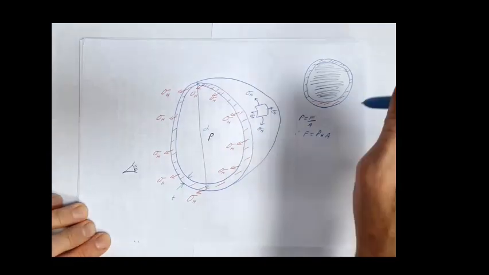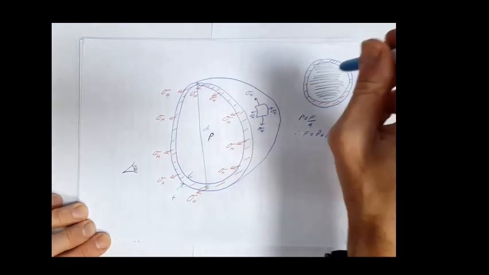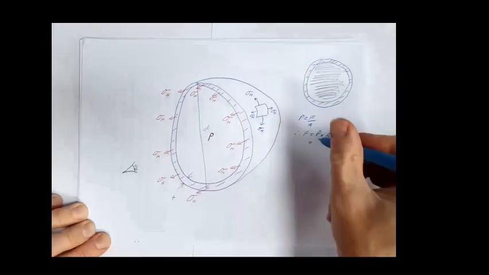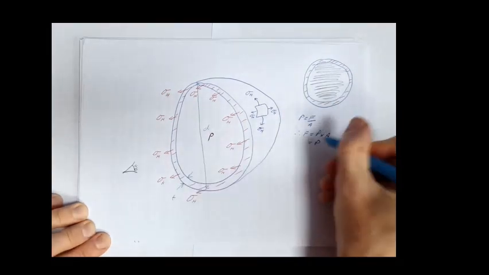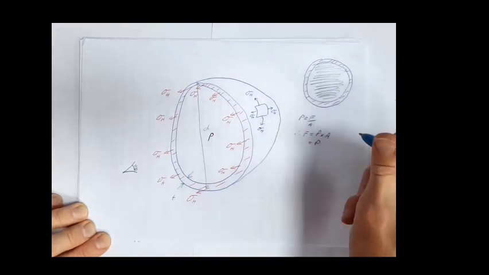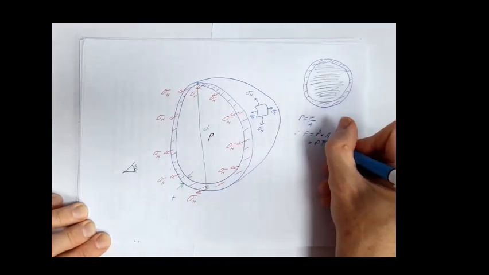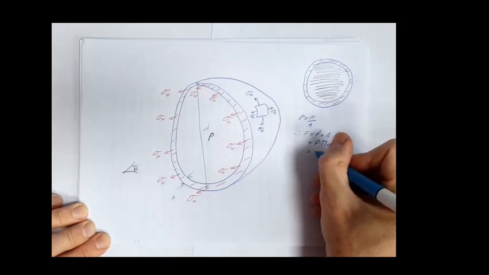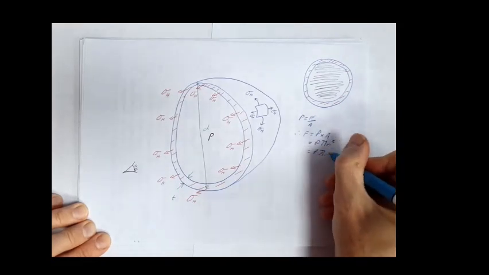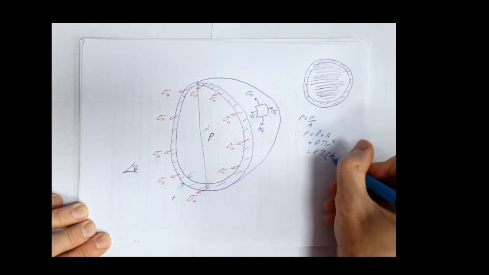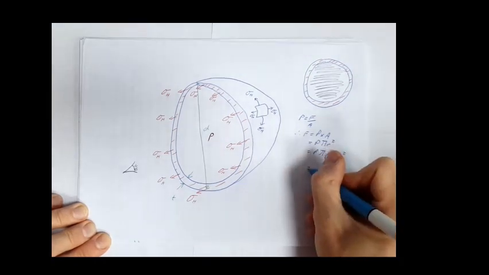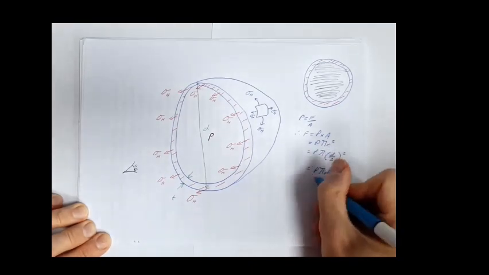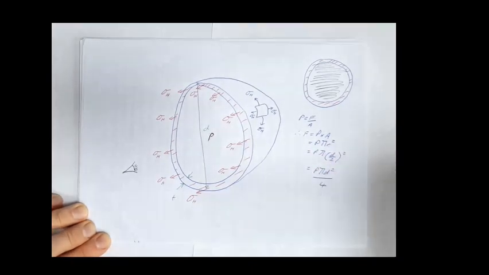So the force going into the page here would be my internal pressure, P, times the area of this circle, which is pi r squared, the area of a circle, or P pi d over 2 squared, which is P pi d squared over 4.